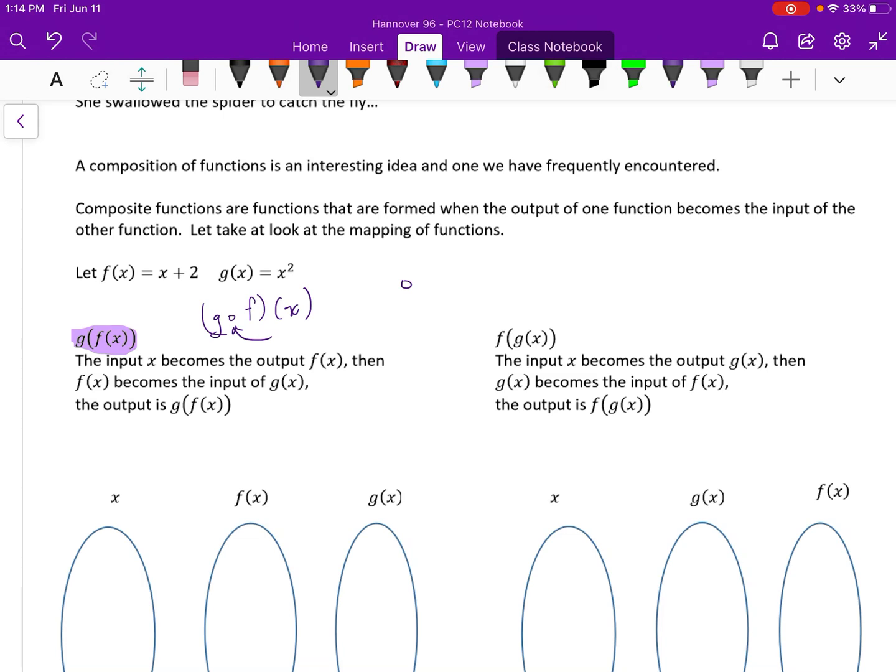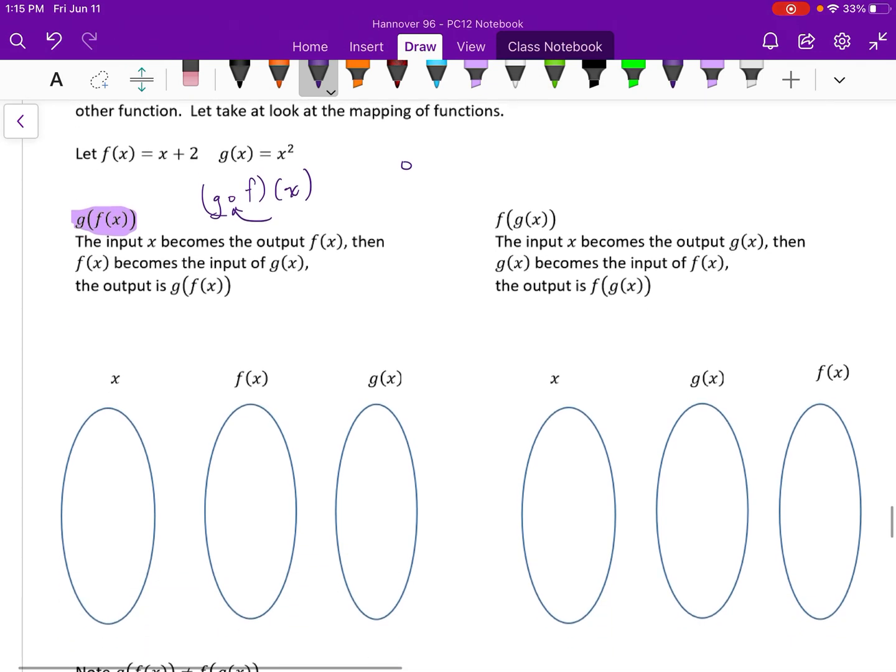So how do we start? We start with the input of x, we apply the function f, and it becomes the output, f of x. Now the values of f of x undergo g to become the input of g of x. And what is the output? The output is known as g of f of x.